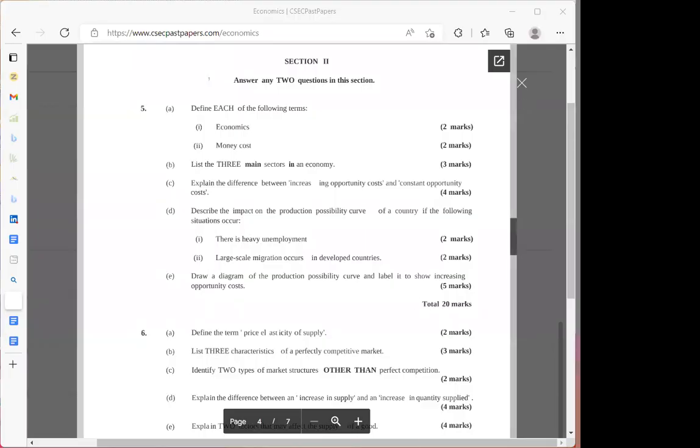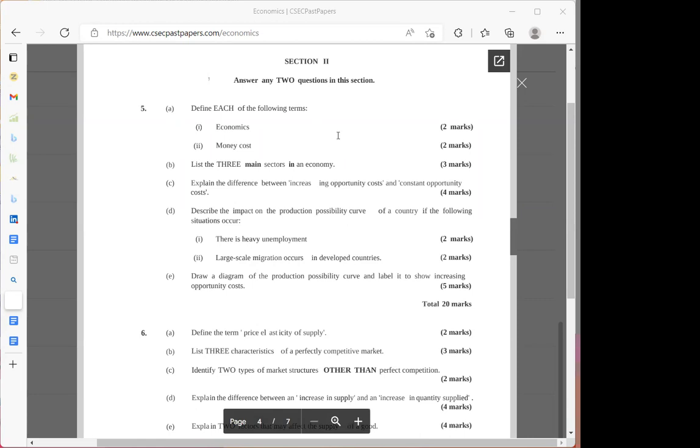So yes, economics is two things we can put for these two points. It's a social science that studies people, right? And the other thing is it's a study of scarcity, of how we are allocating our scarce or limited resources to satisfy unlimited wants, right? So those are two salient points you should know.